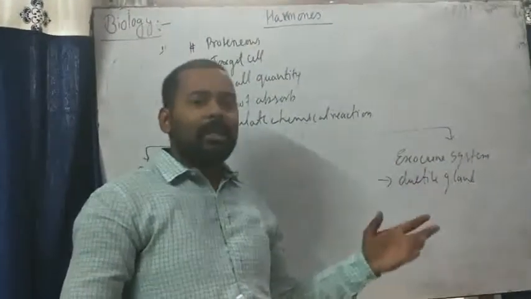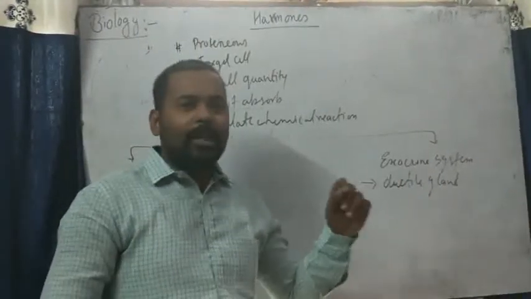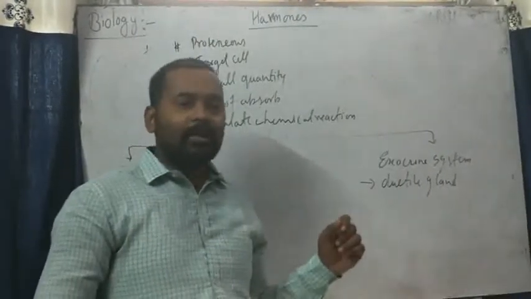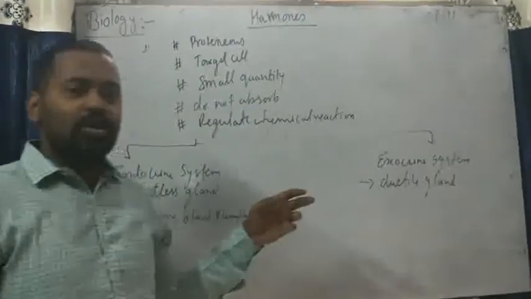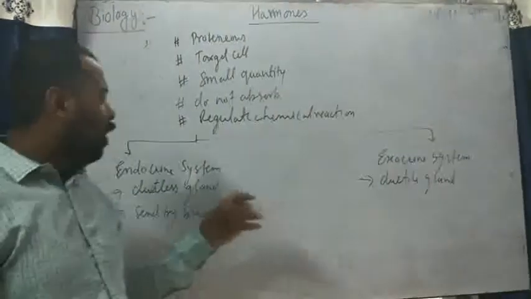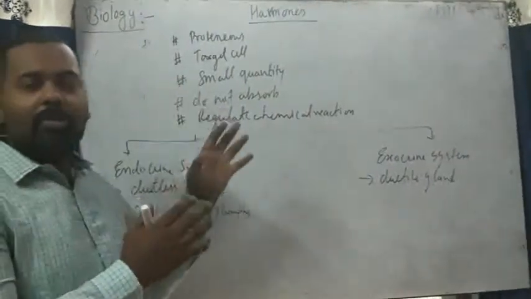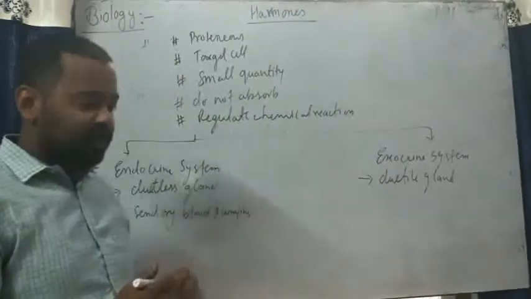It means they secrete their hormones and enzymes through a duct. Just like salivary glands secrete through a duct, and the pancreas also secretes its pancreatic juice or digestive juice through its duct. Now moving on to the hormones present from head to toe in our body and their functions.